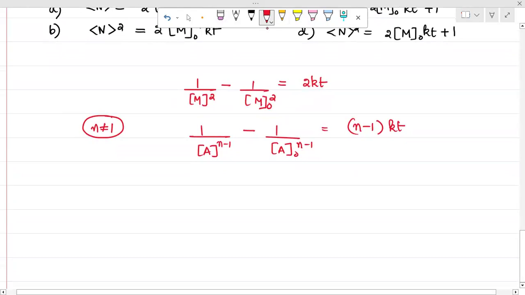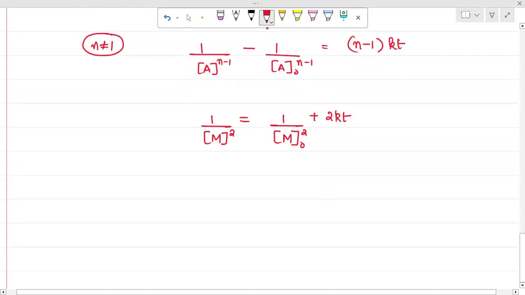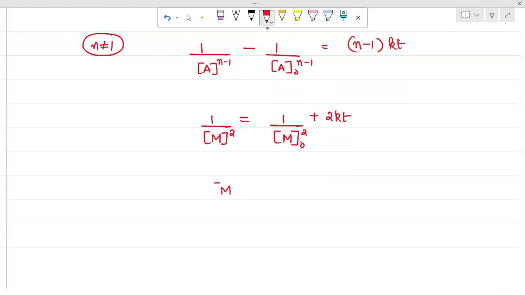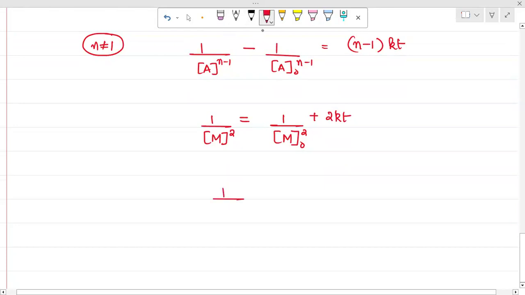So let's start. 1 by M square is equal to 1 by M naught square plus 2Kt. Or if I cross multiply this, in order to avoid confusion, I'll first take the LCM on the right.